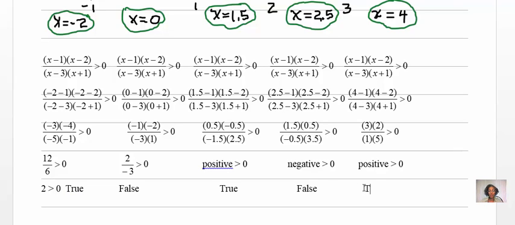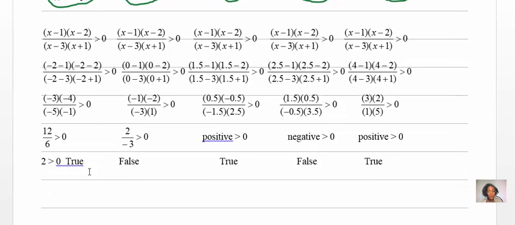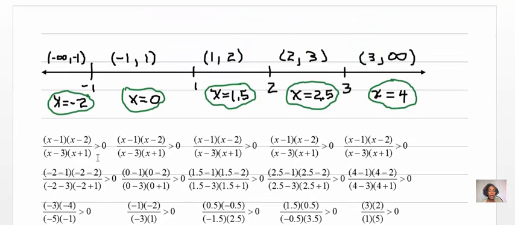A shortcut that you can use, if you're sure that your work in the first interval is correct and your expression contains factors that are all raised to odd powers, is that the signs are always going to alternate.